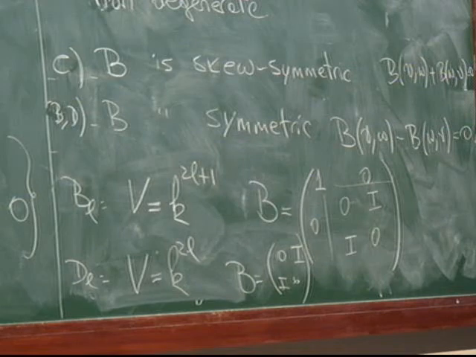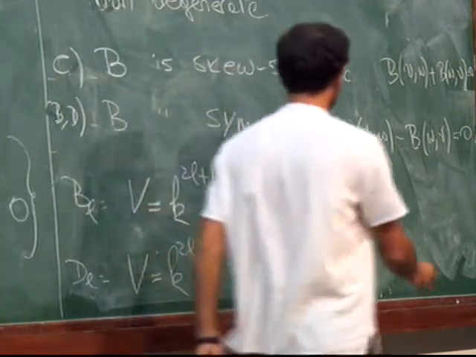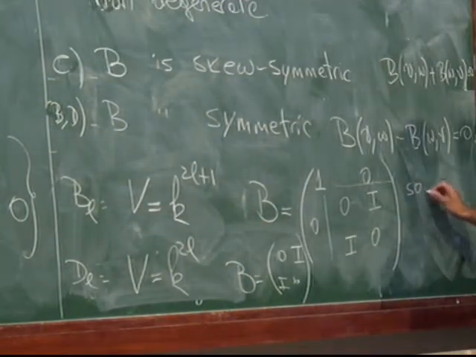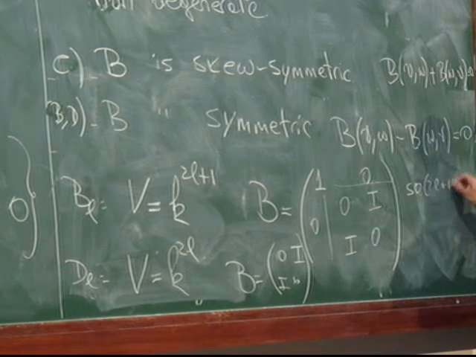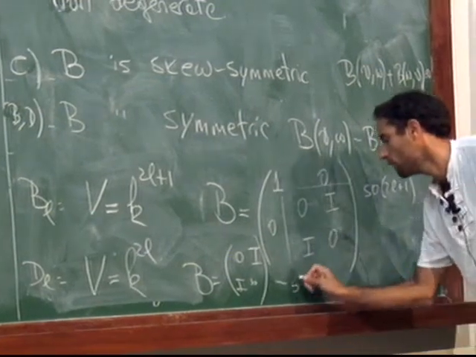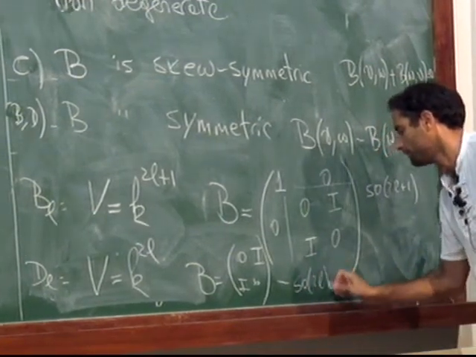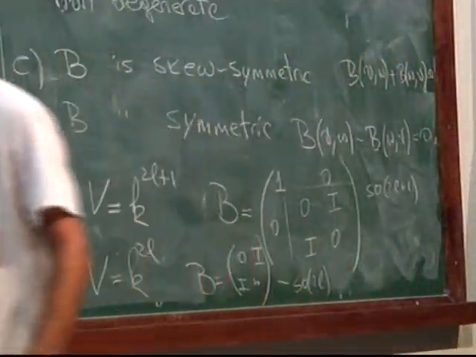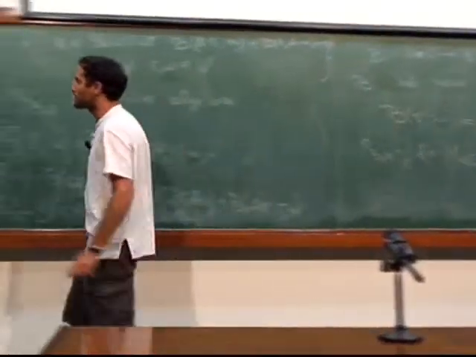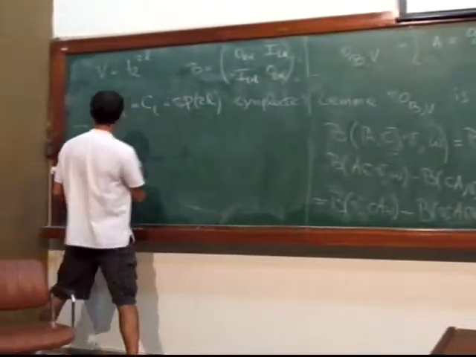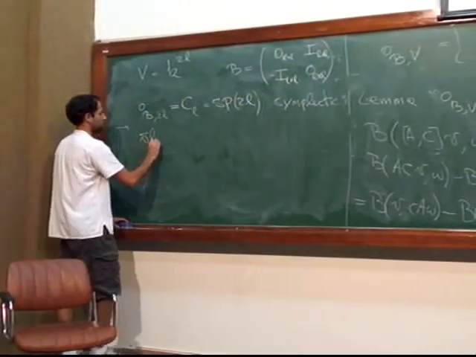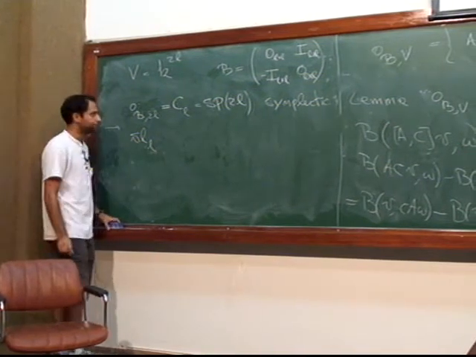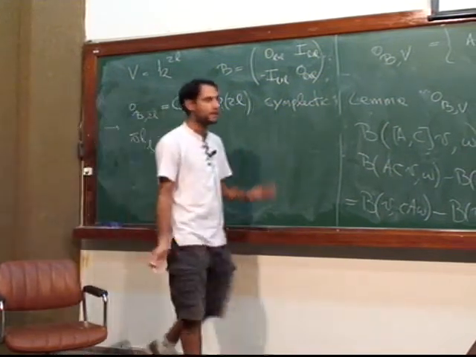For every value of L, we have these three series of Lie algebras. These two series of examples are called orthogonal Lie algebras. So this is SO_{2L+1}. This is called SO_{2L}. Then we have SP_{2L}. And we had also constructed already SL_L for every little L. So we have these four series of Lie algebras.